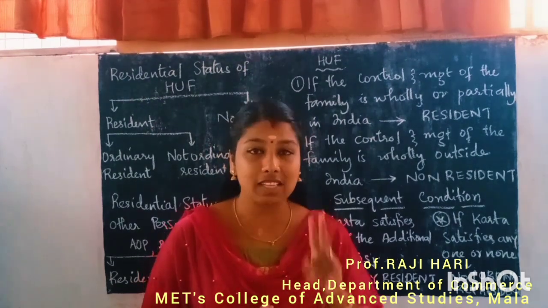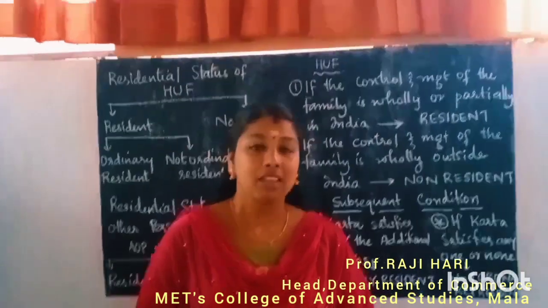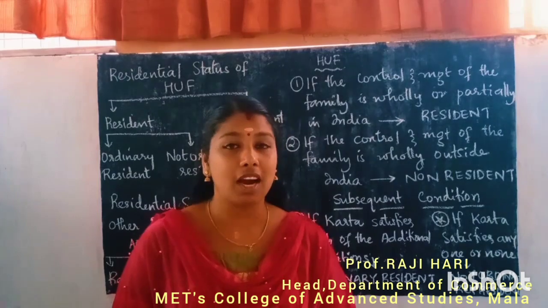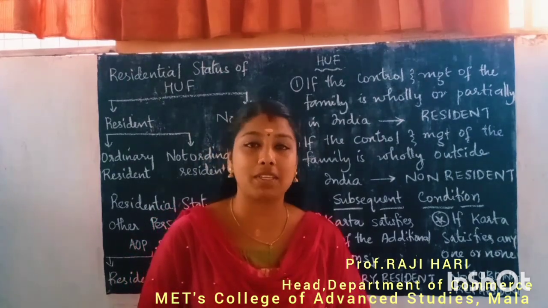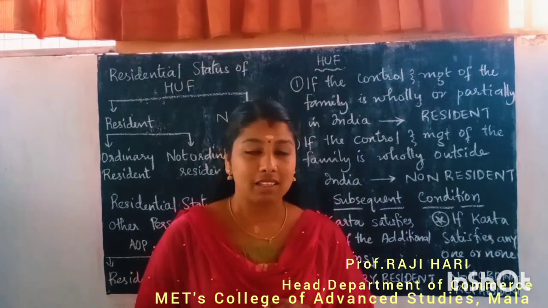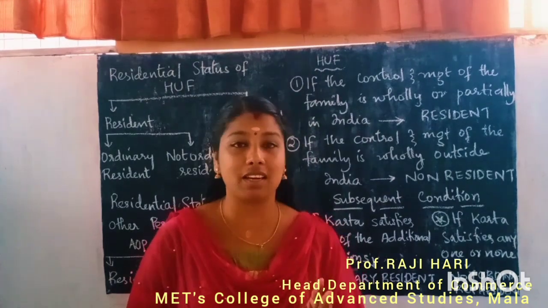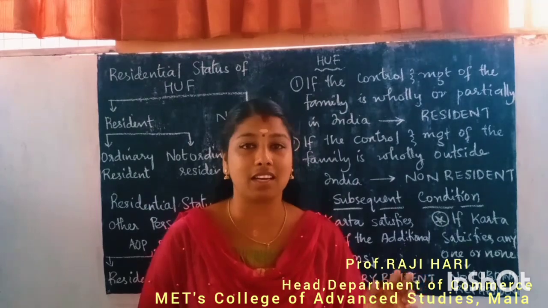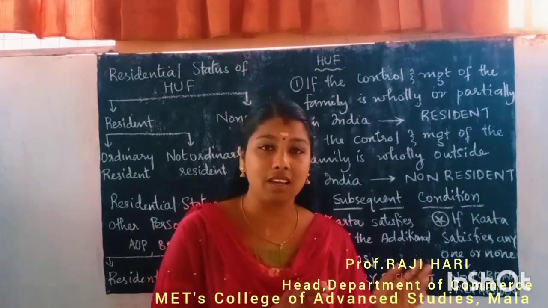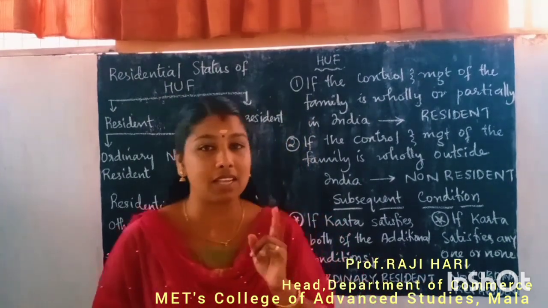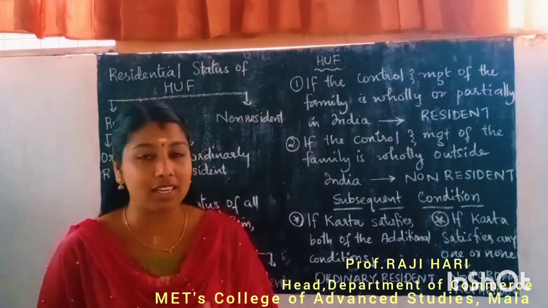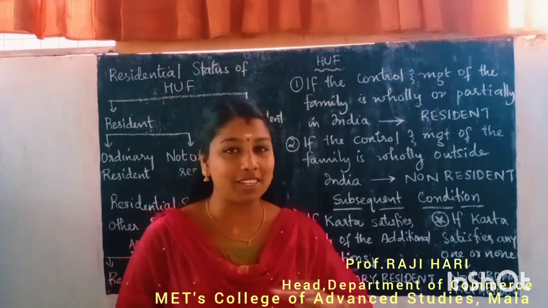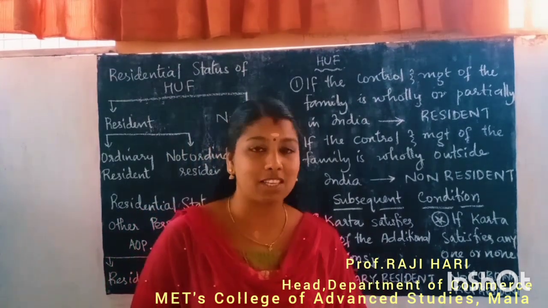And the second additional condition, he was resident in India for at least 2 years out of 10 years immediately preceding the previous year. An individual must satisfy both of the additional conditions to become an ordinary resident. If he satisfies any one or none of the additional conditions, he is termed as not ordinarily resident. And all this we have covered in our last session.